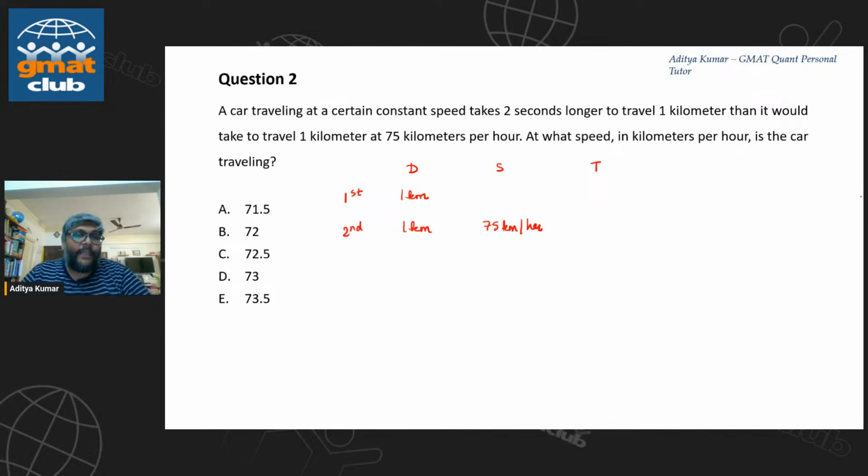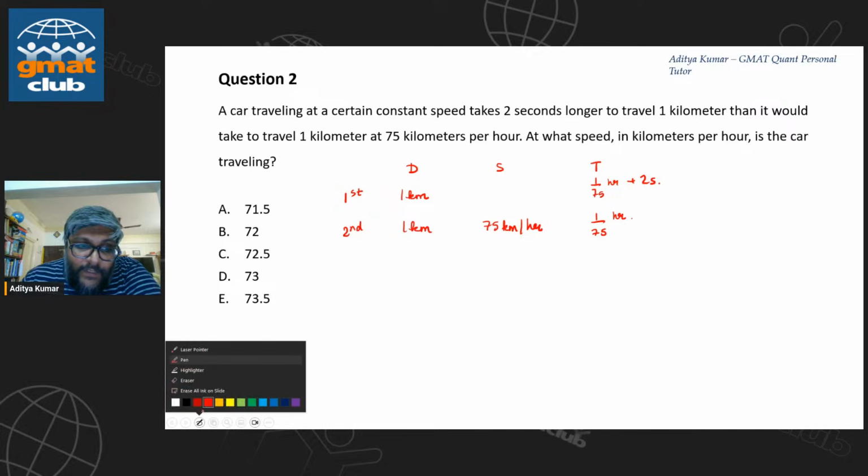Now I know if it travels at 75 kilometers per hour and travels 1 kilometer, I can immediately find out the time. That will be 1 by 75 hours. And I know the time here should be 1 by 75 hours plus 2 seconds, because you're telling me the time is 2 seconds longer in the first scenario.